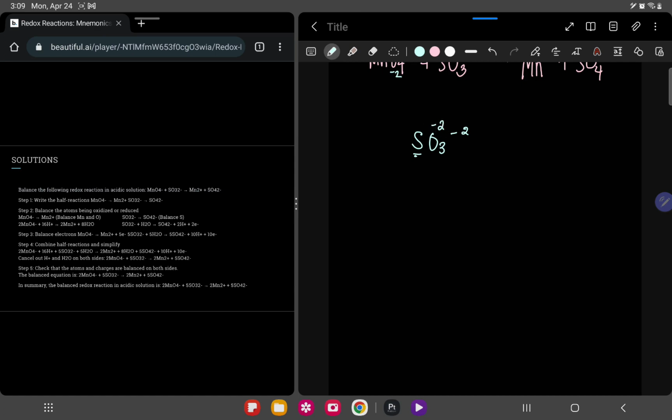Sulfur will be x plus negative 2 times 3 is equivalent to the overall charge, which is negative 2. That will be x plus negative 6 is equivalent to negative 2. Then we move negative 6 to the other side, which makes it positive 6. So the answer is x is equivalent to positive 4.